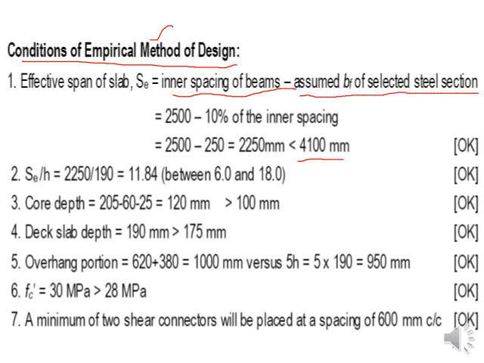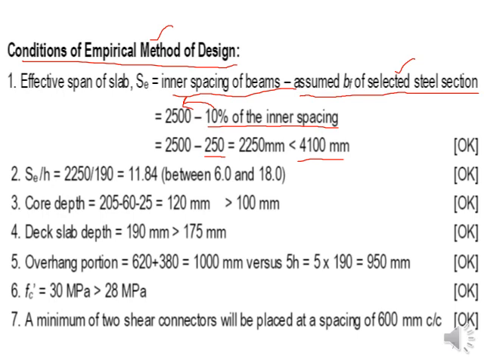Till now the steel section has not been selected, so we can take 10% of the inner spacing, which is an assumed value generally practiced by AASHTO. It recommends that if the design girder is not there at first, to use the empirical method you can use 10% of the inner spacing between the plate girders. This 2500 is the total, so 10% of it will be 250. That will be the assumed BF of the steel section.